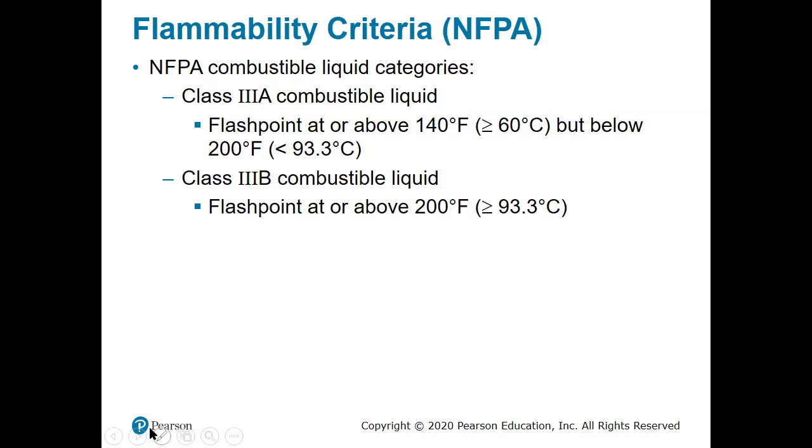There are two other categories, and again, they're based solely on flash point. Class 3A, we're talking about flash points for a liquid above 140 but less than 200. And class 3B, we're talking about substances with flash points above 200 Fahrenheit.